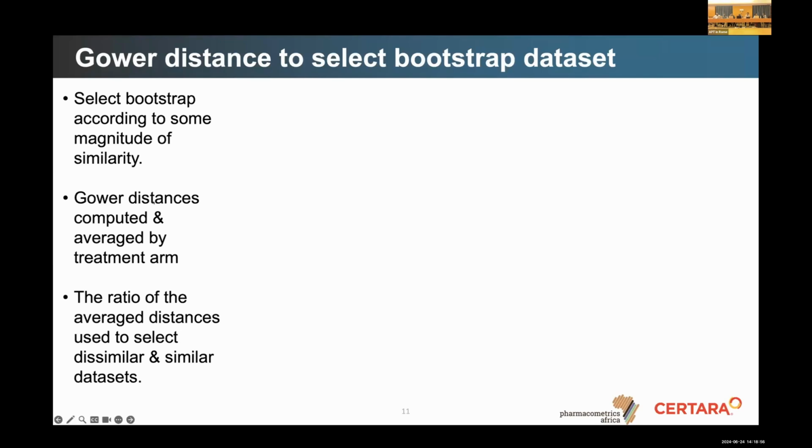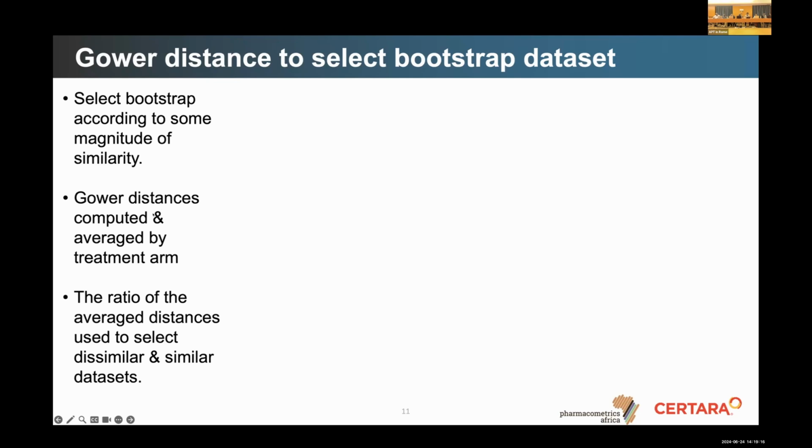We chose to use the Gower distance, which can deal with several variable types, continuous or categorical. That's why we chose this. And also we are able to control which variables to focus on. That's another power that comes from the Gower distance.